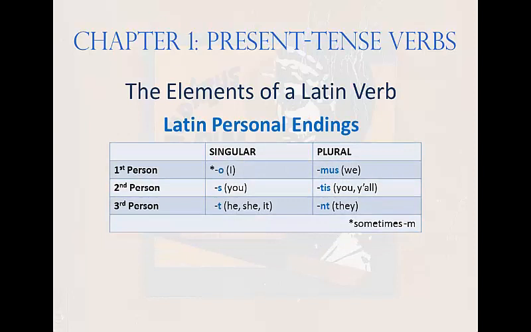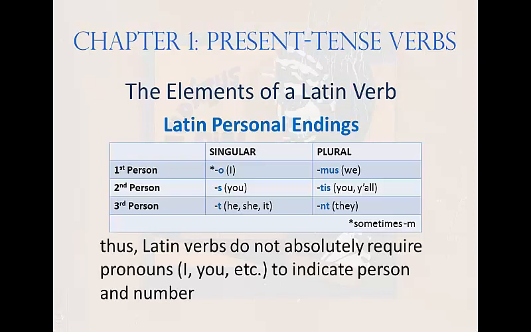The Latin personal endings which are used at the end of Latin verbs to indicate person and number are as follows: O, sometimes M, meaning I; S, meaning you; T, meaning he, she, it; MUS, meaning we; TIS, meaning you or y'all; and NT, meaning they. Thus, Latin verbs do not absolutely require pronouns like I or you to indicate person and number.